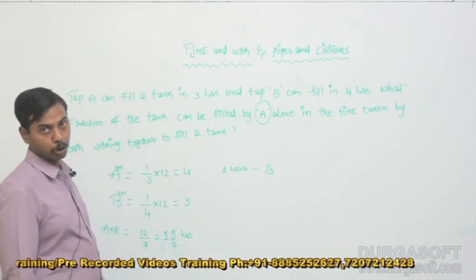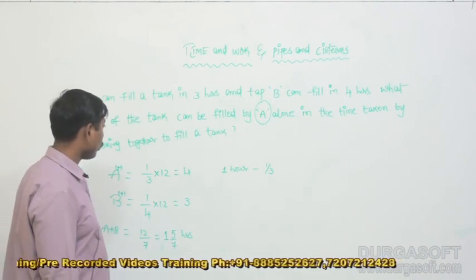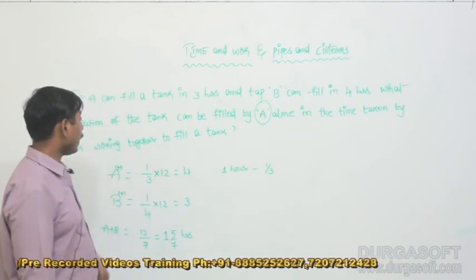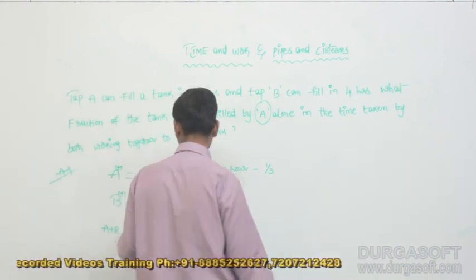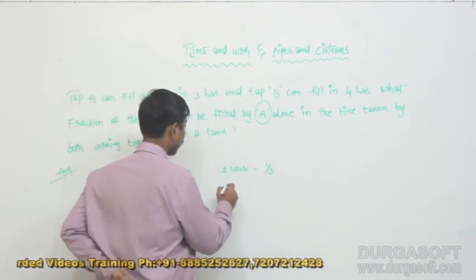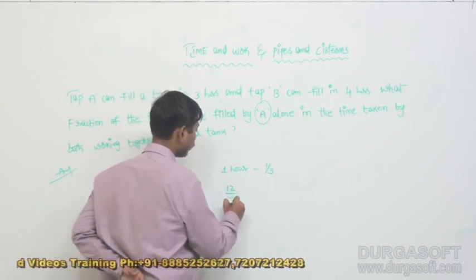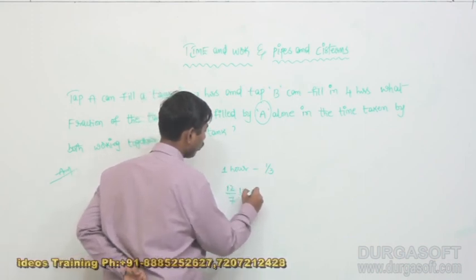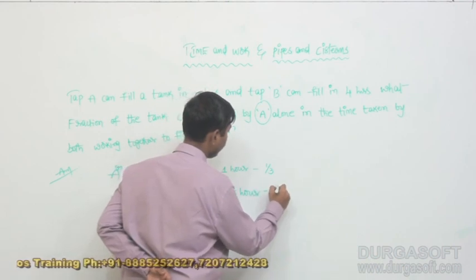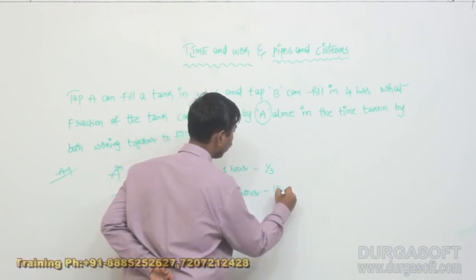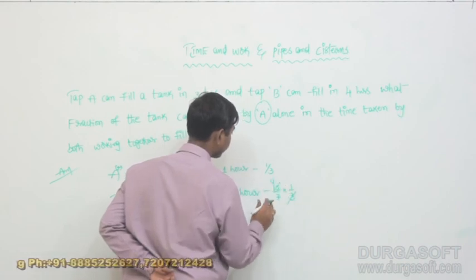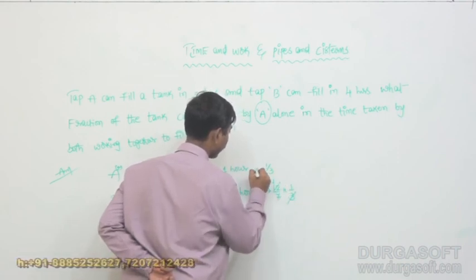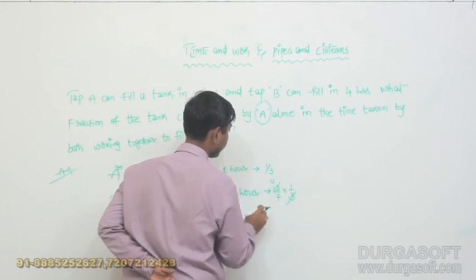That is our question. In 1 hour pipe A fills 1/3 of the tank, so in 12 by 7 hours, how much could it fill?